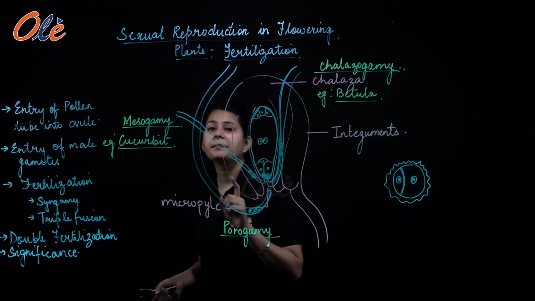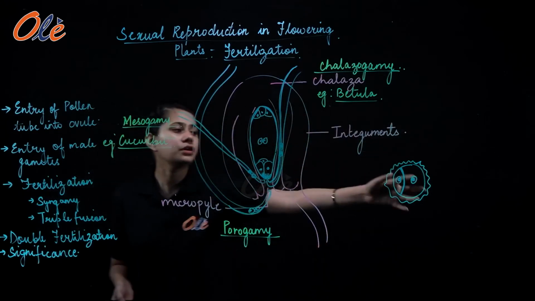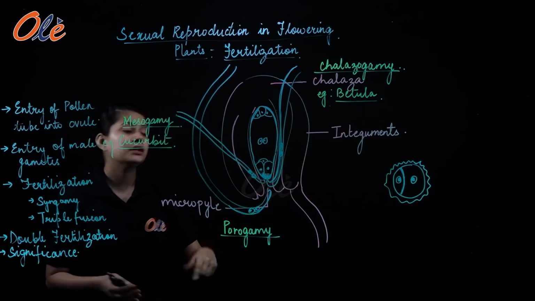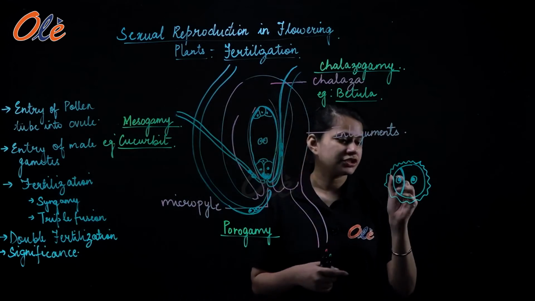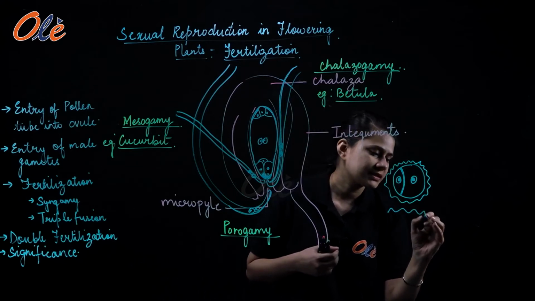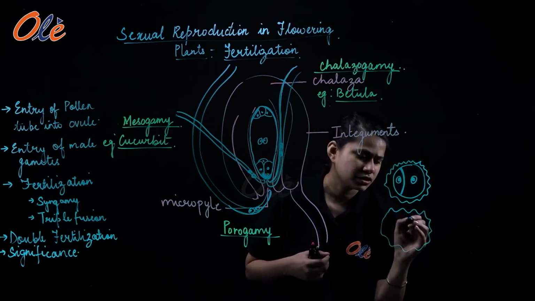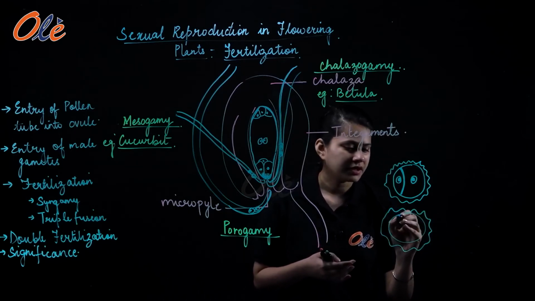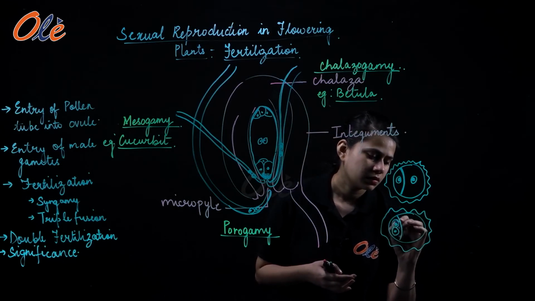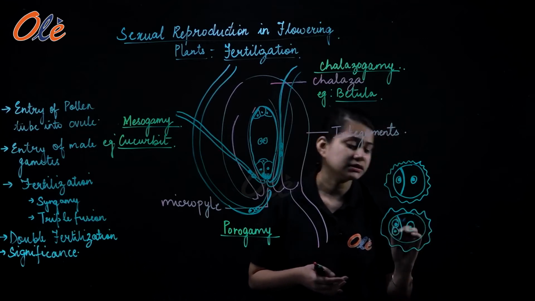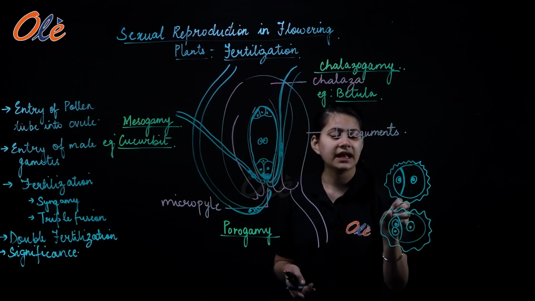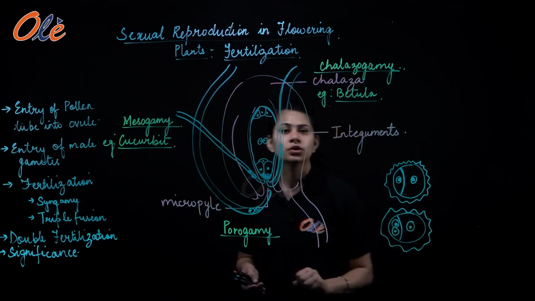अब मैंने तुमसे उस टाइम भी बोला था कि पोलन ग्रेन या तो इस दो सेल स्टेज में शेड हो सकता है या फिर एक और स्टेज में शेड हो सकता है, जब ये न्यूक्लियस है, it has divided into two, right? So it can be shed at this two cell stage or at the 3 cell stage, right, wherein this is the vegetative cell and the generative cell has divided into two, right?